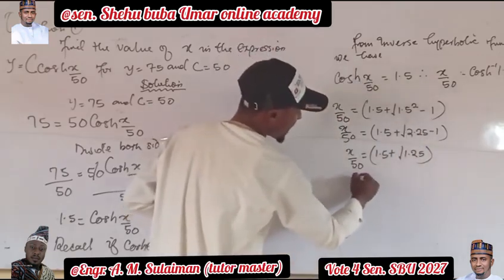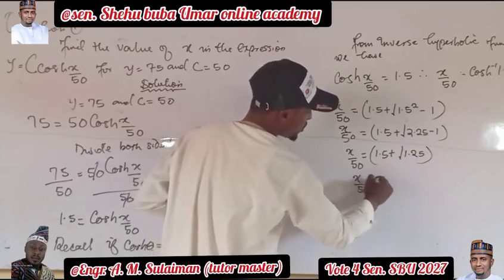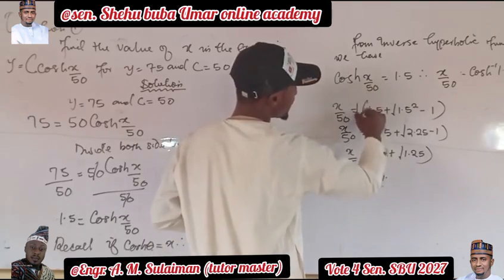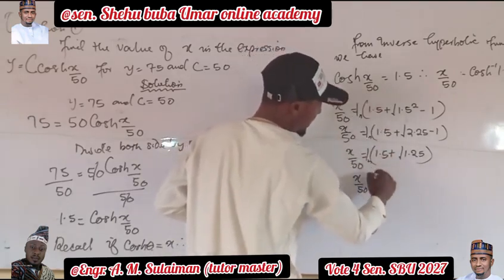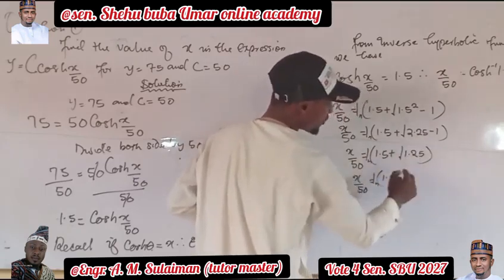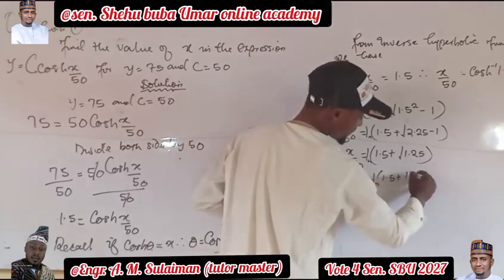Therefore, x all over 50 will be equal to ln of 1.5 plus the square root of 1.25, which is 1.1180.